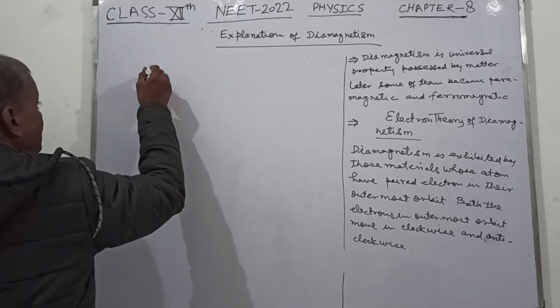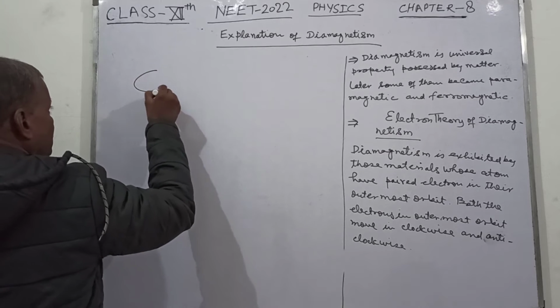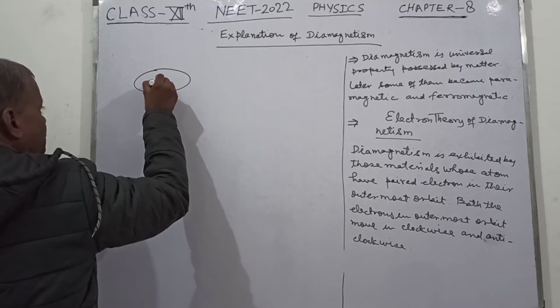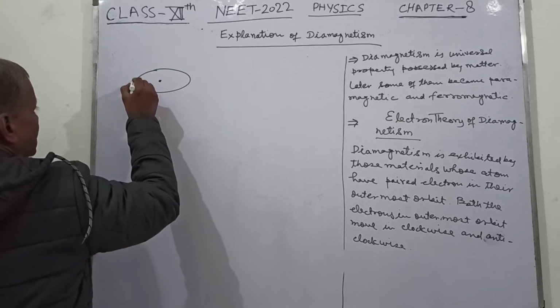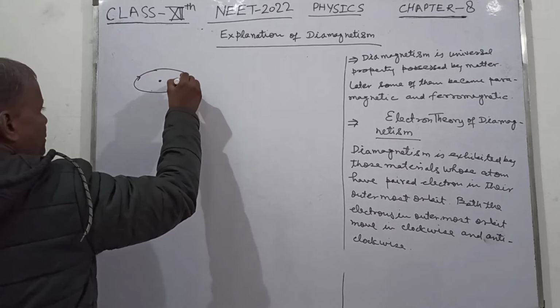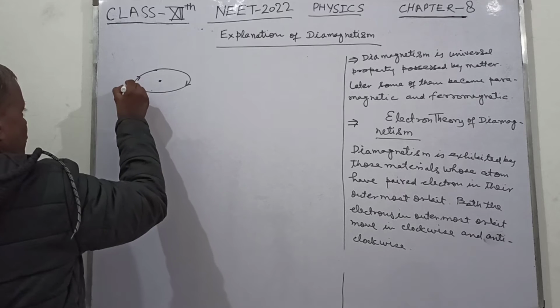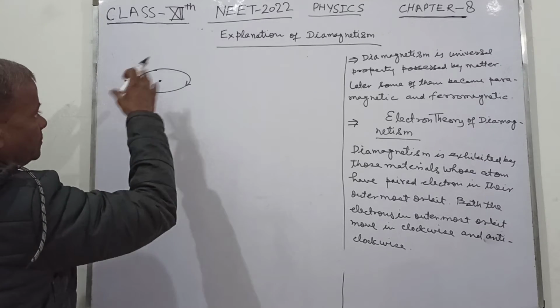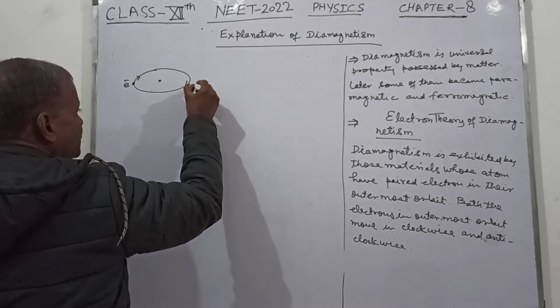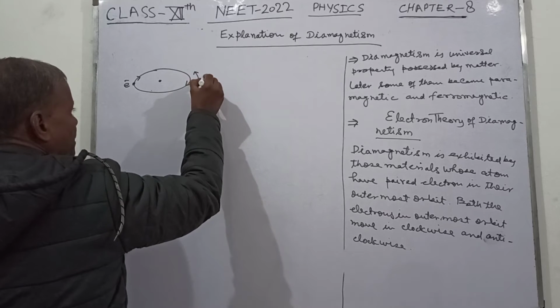Suppose this is the nucleus and the electron is moving like this. This is now clockwise. Then the current because of this will be like this.